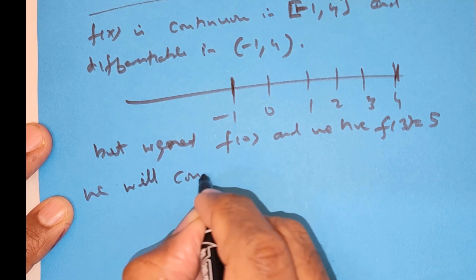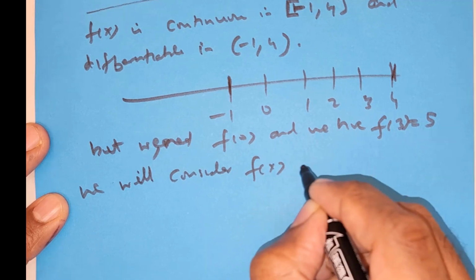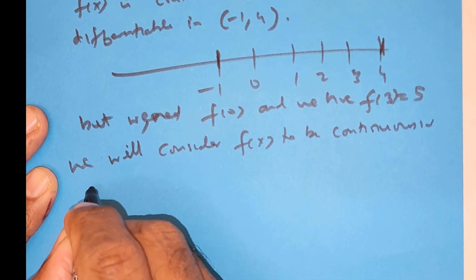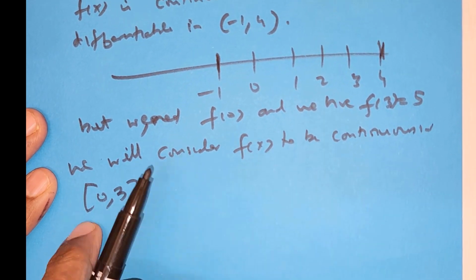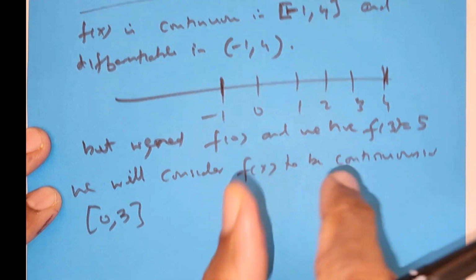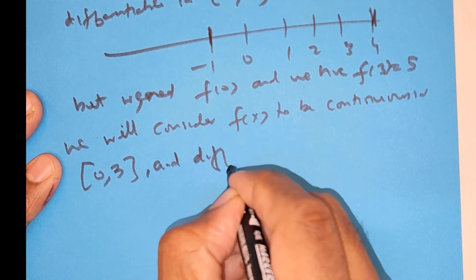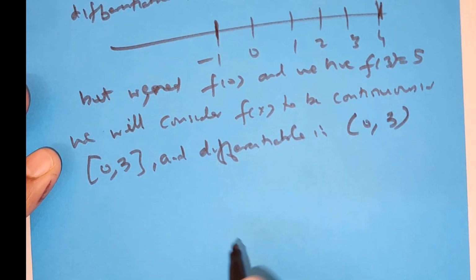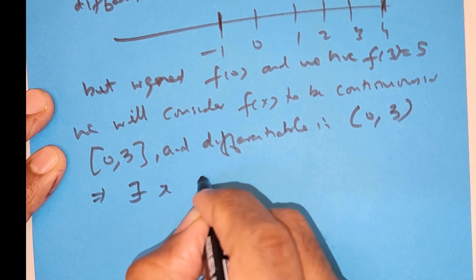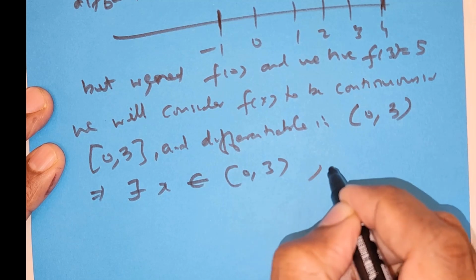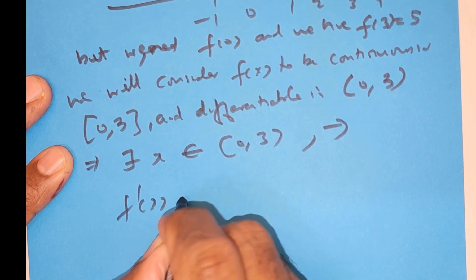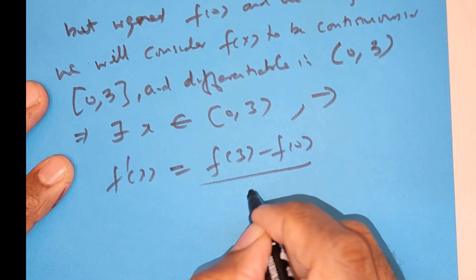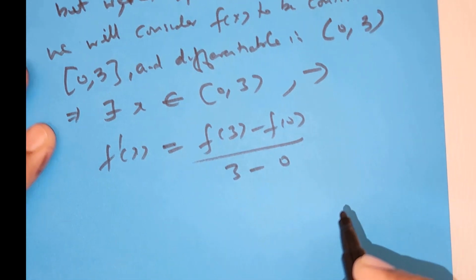We will consider f of x to be continuous in the interval 0 comma 3. This is true. Why? Because 0, 3 falls within negative 1 and 4, and differentiable in 0 comma 3. So this means there exists an x element of 0 comma 3 such that f dash of x is equal to f of 3 negative f of 0 divided by 3 negative 0.